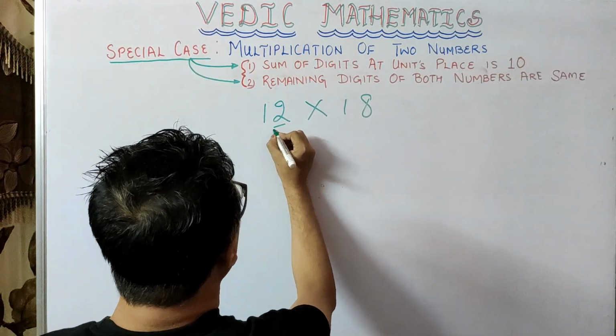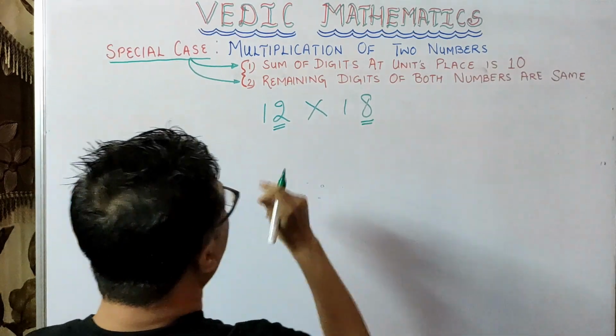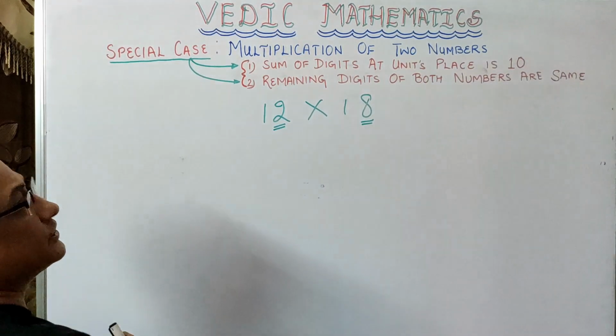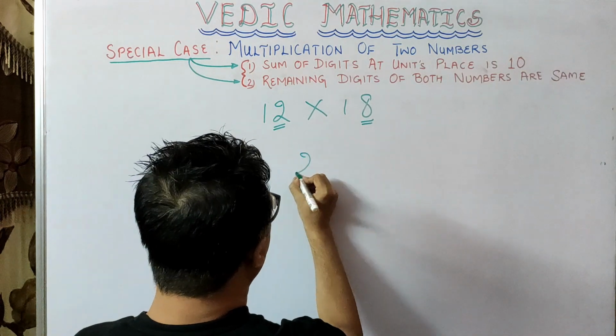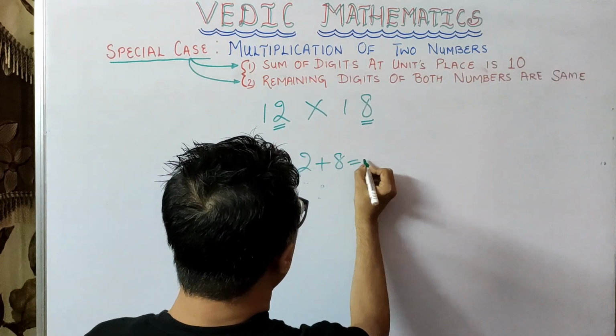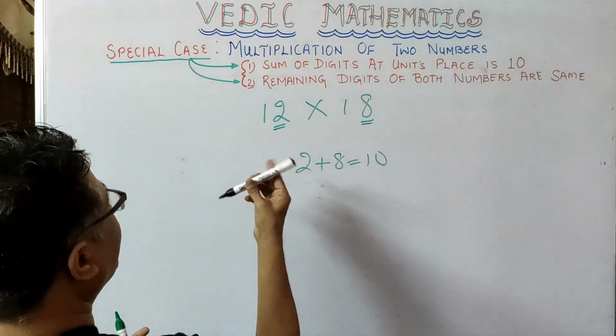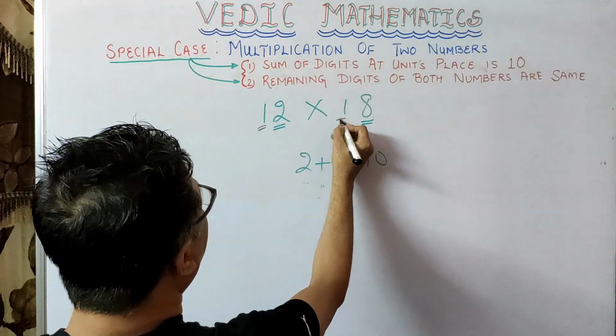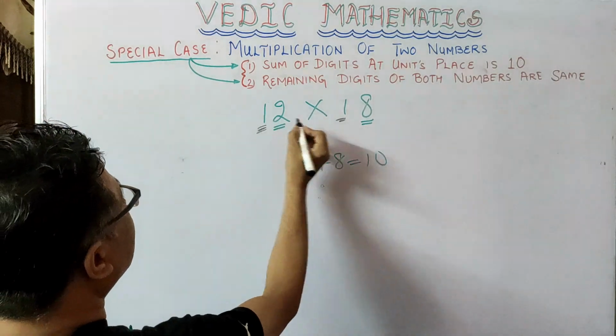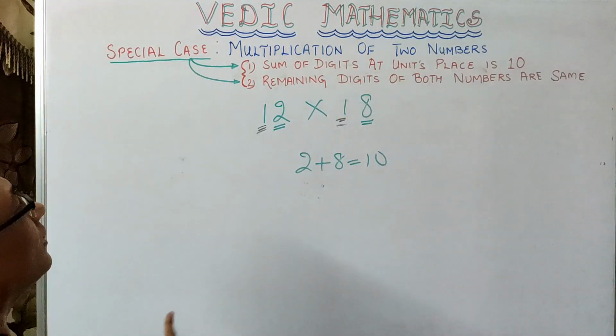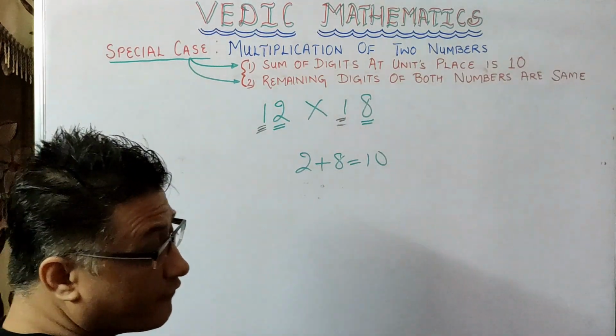This is 2, this is 8. These both are at the units place. 2 plus 8 is what? 10. And the remaining numbers, which are 1 and 1, are the same. So both conditions are fulfilled.